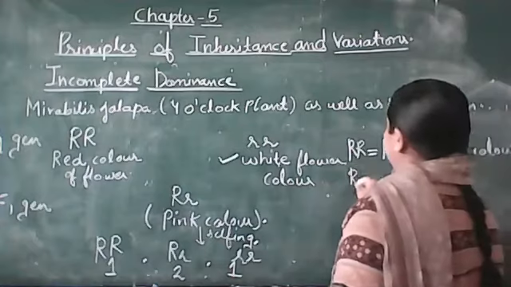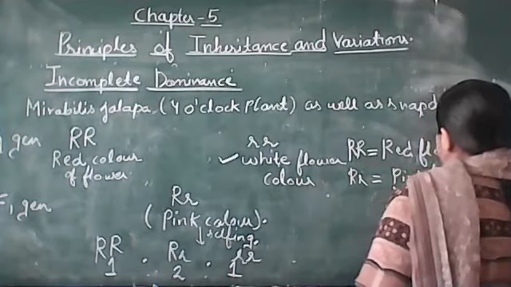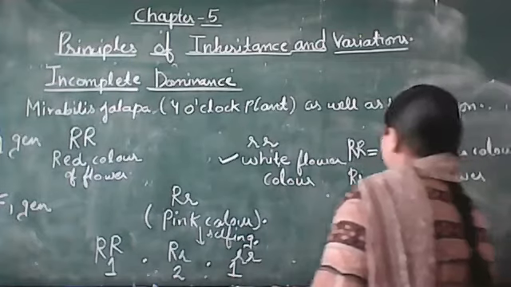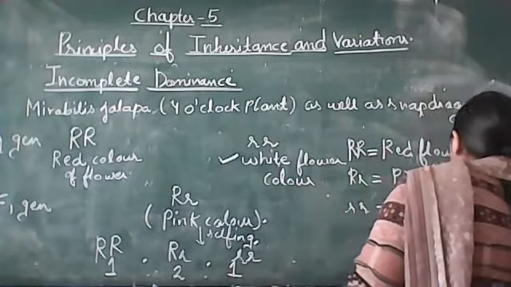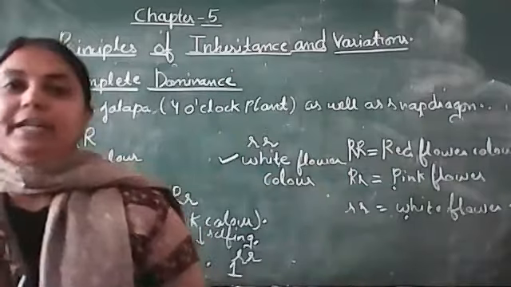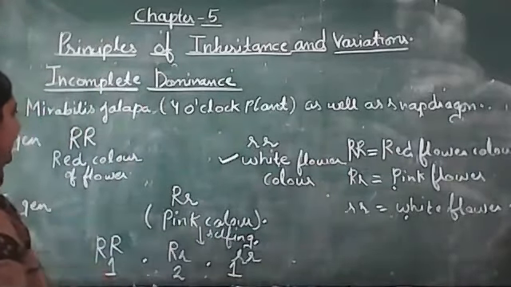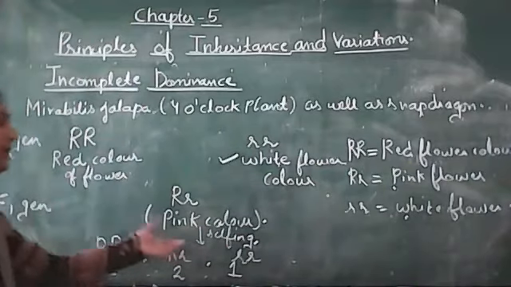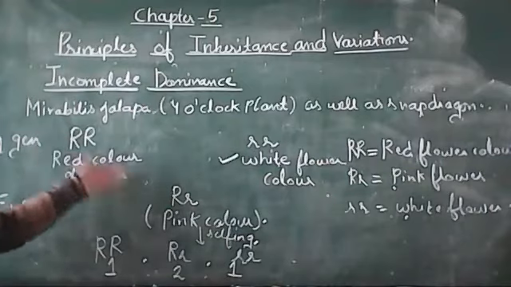And capital R, small r, they are pink flower. And small r, they are actually white. So how this incomplete dominance can be explained here. What is said is that the law of dominance is not fully operated. There is blending of alleles.